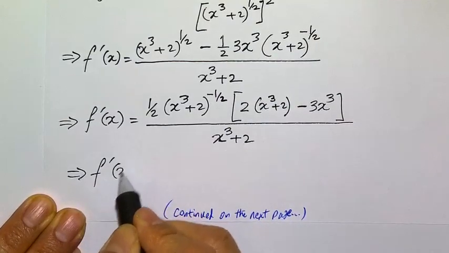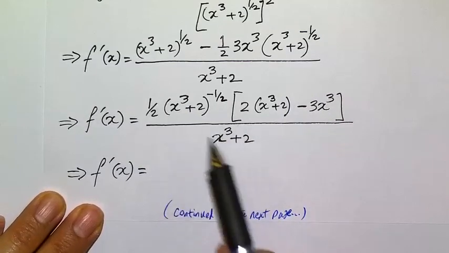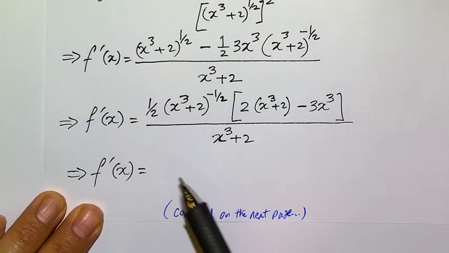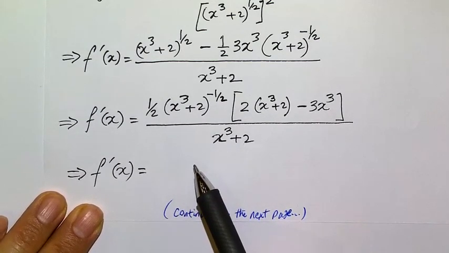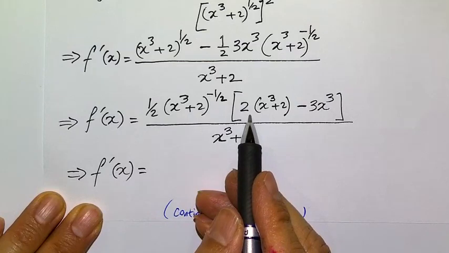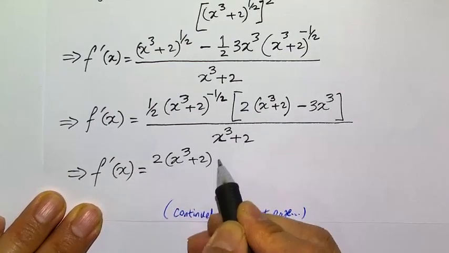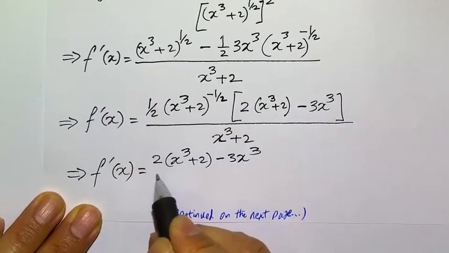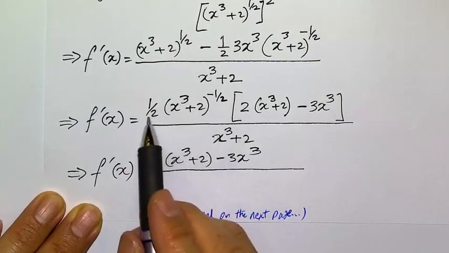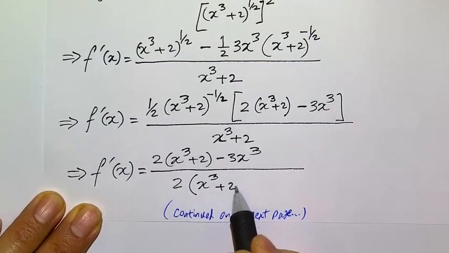So we have the first derivative. So we're doing all of this so that once this expression is simplified to the extent possible, then we can work out where the original function is decreasing or increasing. Okay, so we will have 2 times x cubed plus 2 minus 3x cubed divided by 2 times x cubed plus 2.